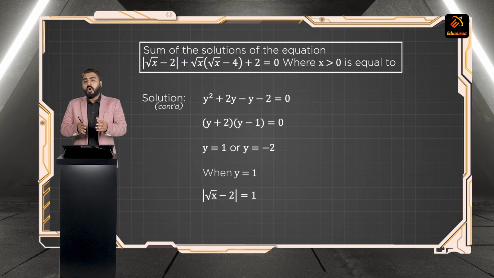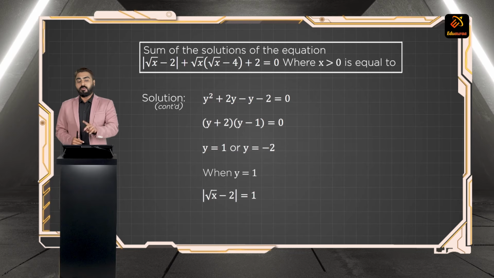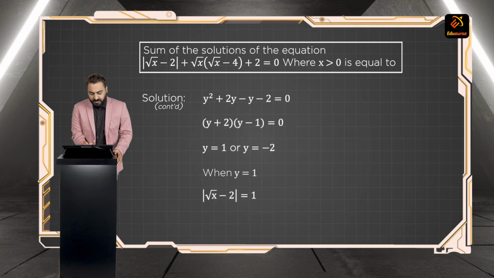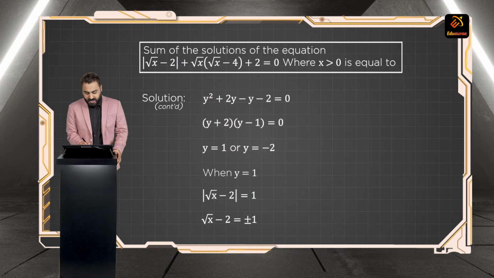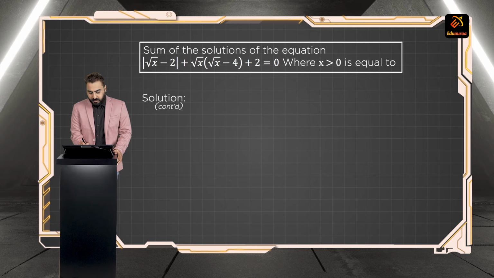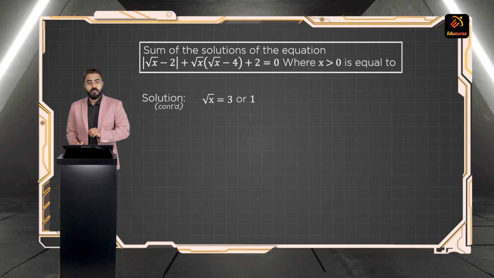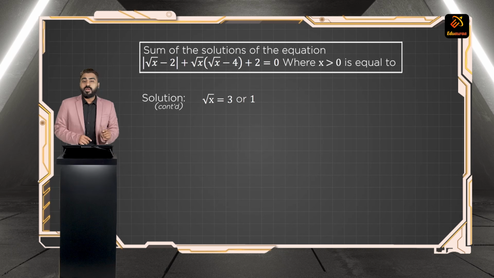So students, the moment we remove this mod, we get two terms. One is positive, one is negative. So we will write this as root x minus 2 is equal to plus minus 1. So from this we have values of root x as 3 or 1. Now students, if the value of root x is 3 or 1, what will be the value of x?